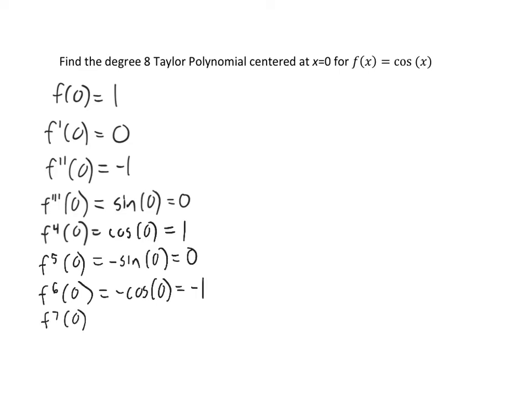The seventh derivative: the derivative of negative cosine, back to sine, so we get 0. And then the eighth derivative: the derivative of sine, back to cosine, is 1.